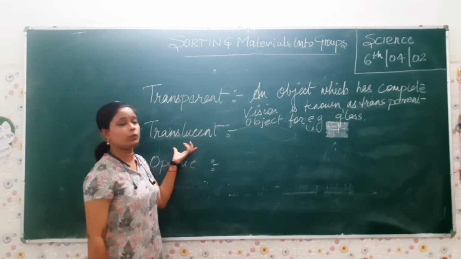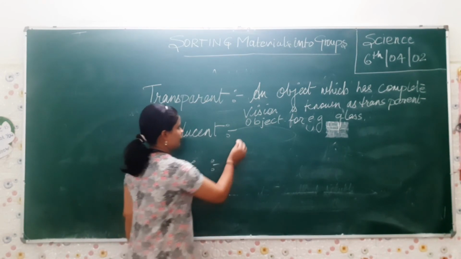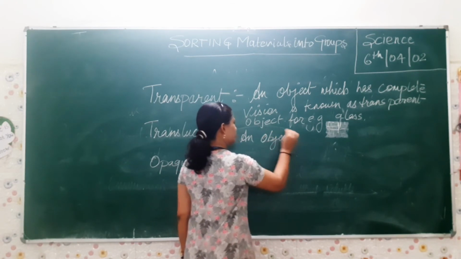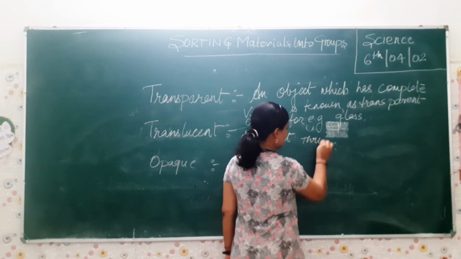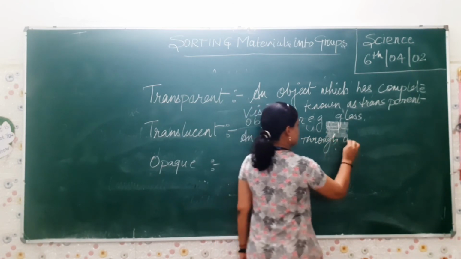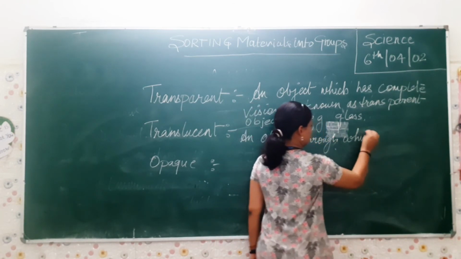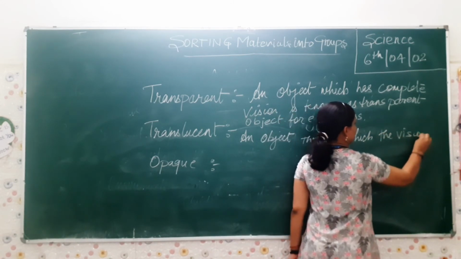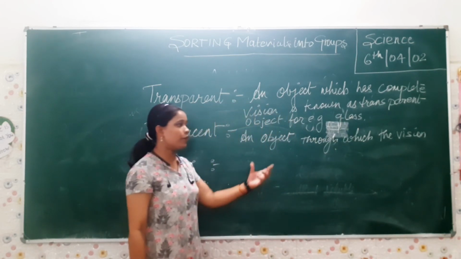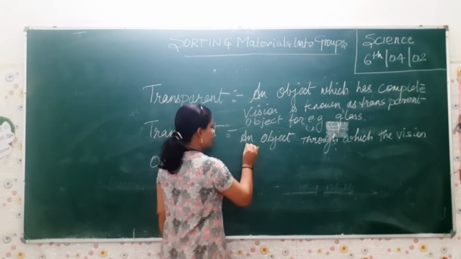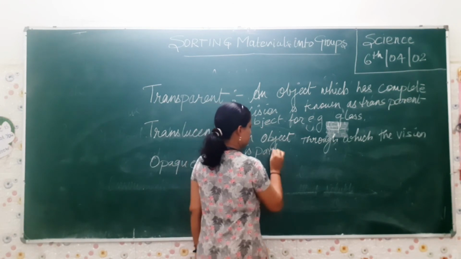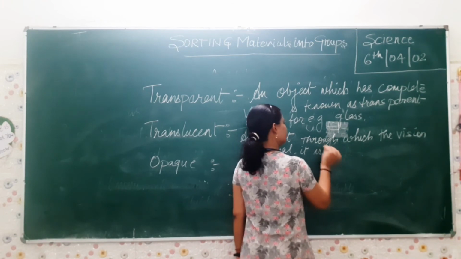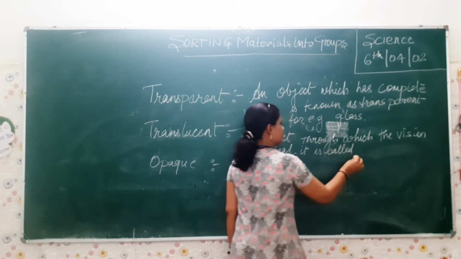Now next, what do we have? Translucent. An object through which the vision is partial is called translucent.